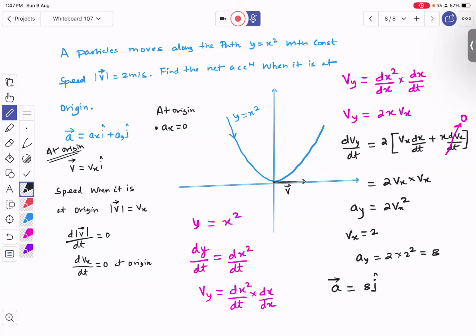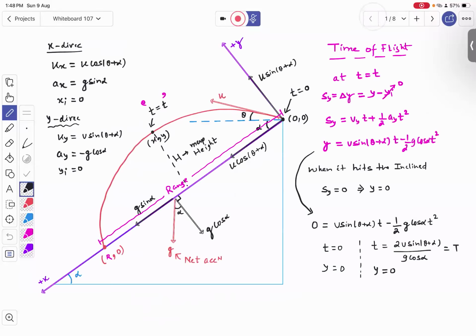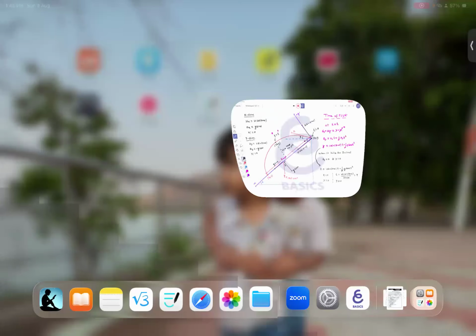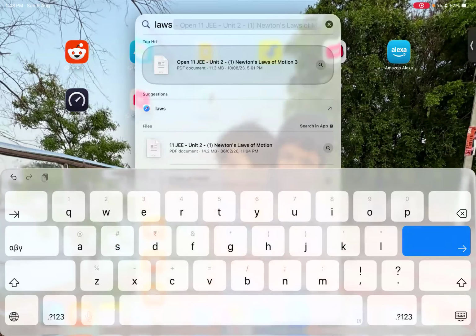Yes, sir. Okay. So tell me, any more doubts anyone is having? Any doubt in the laws of motion part? No, sir. Okay, nice. So laws of motion is like an old module, man.